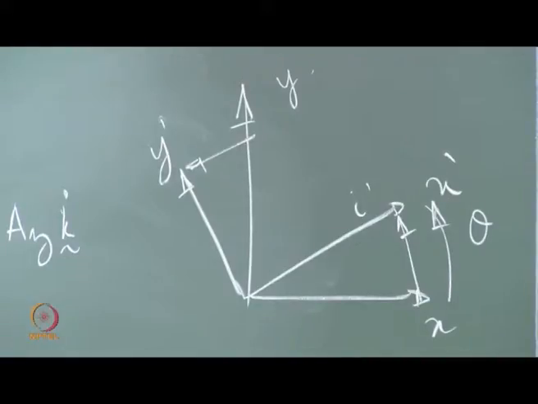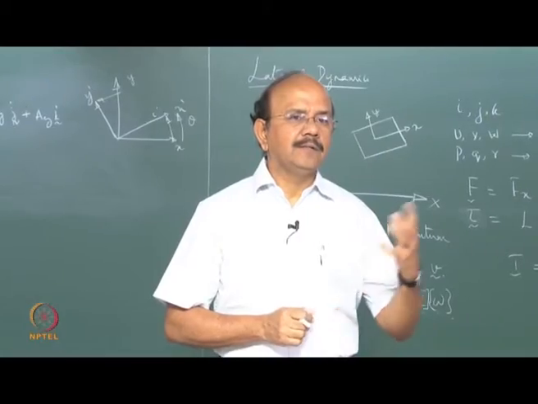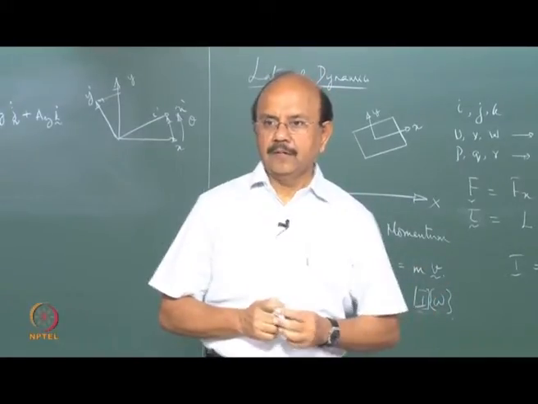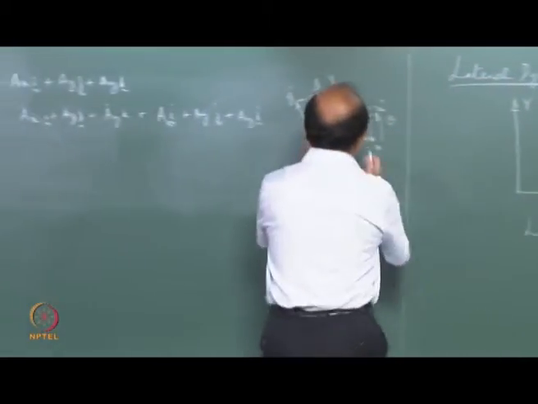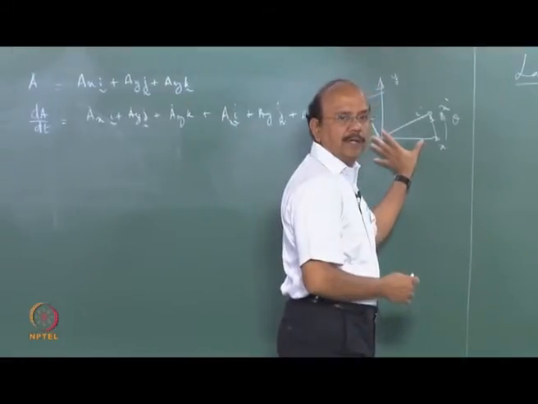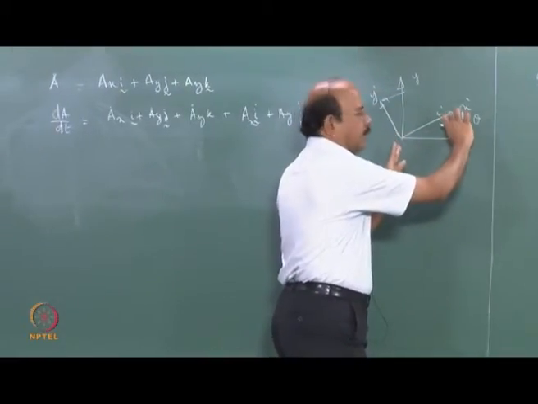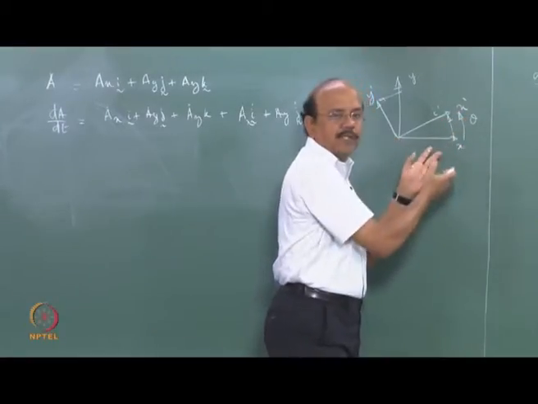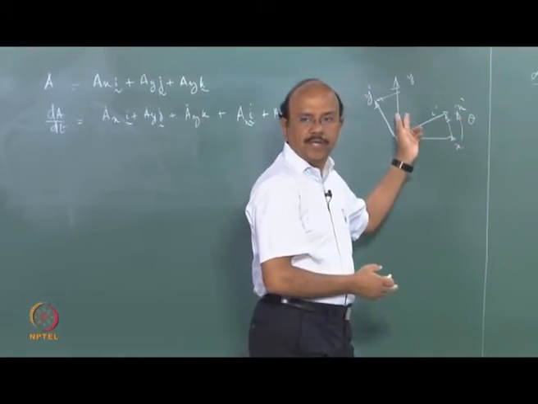So what is di by dt? d theta by dt into j. Because i is a unit vector, r into theta gives me this. So this is r into theta. It is along the direction of j.